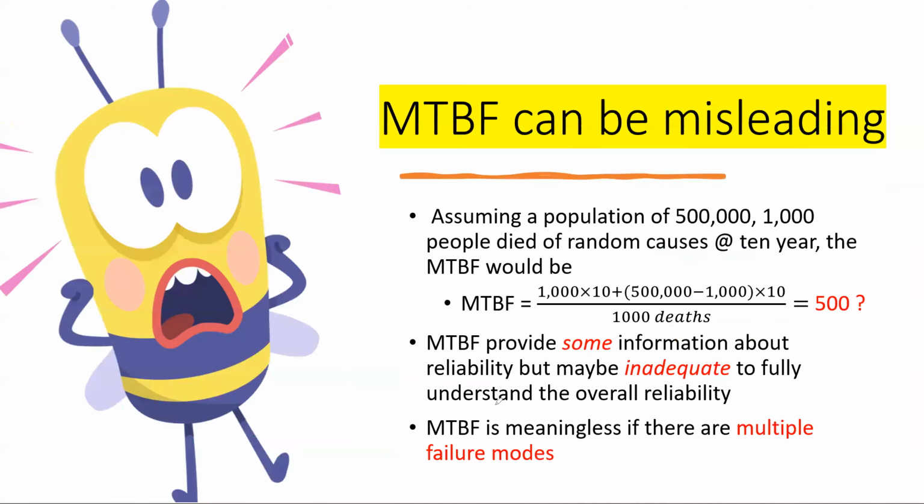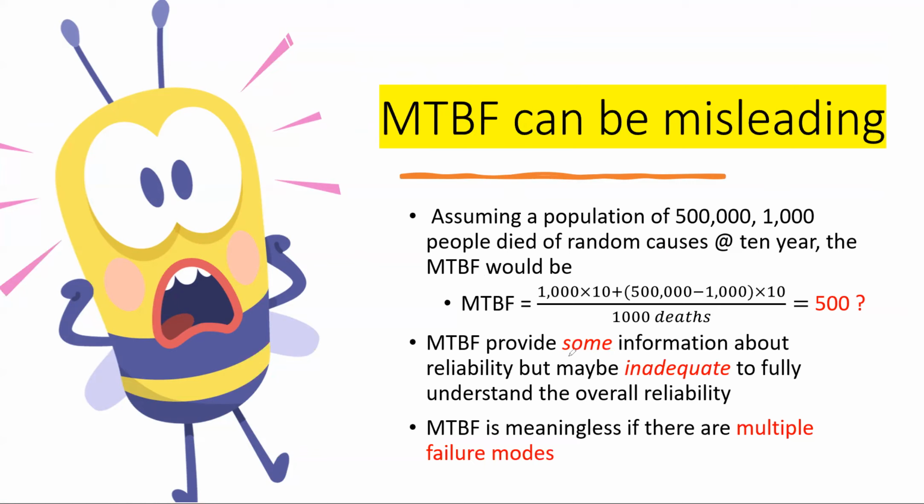But to get that value, sometimes confusing, can be misleading. And let me give you an example. If a population of 500,000 and 1,000 people die of random cause at 10 years, then you use the mean time between failure, putting the formula into it, you got 500 years old. This obviously does not make sense. People cannot live 500 years old, right? So what does it mean?